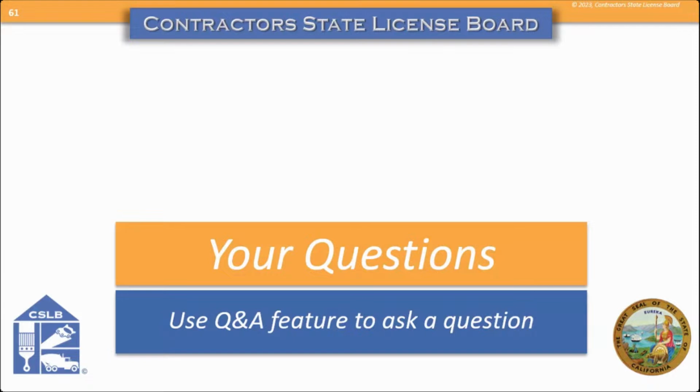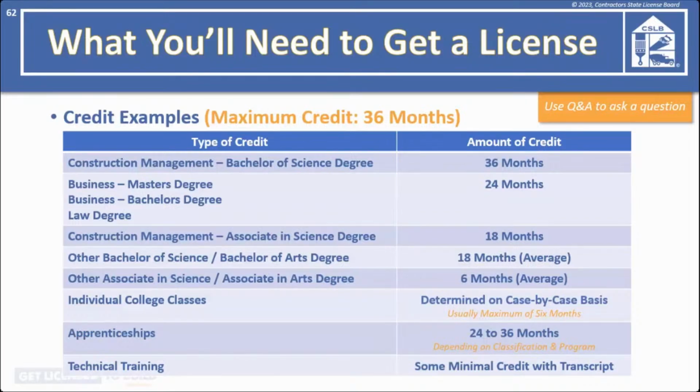Can you combine various sources of experience? You can. Again, your experience does have to be within the last 10 years when it's hands-on or supervisory. If you're sending in a transcript or a certification of apprenticeship, then that does not have to be within the 10 years, but your actual hands-on experience does have to be within the last 10 years.